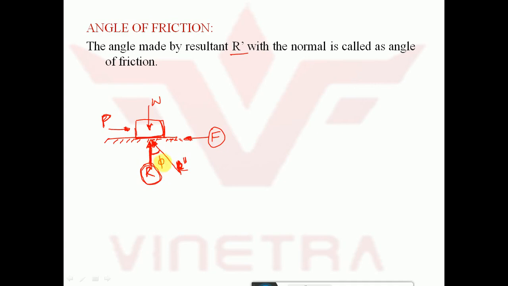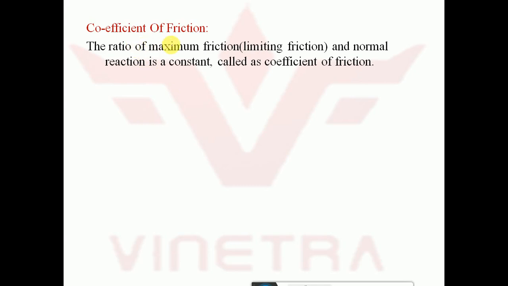This angle phi itself is called the angle of friction, and R dash is nothing but the resultant of the frictional force and the support reaction or normal reaction. The angle of friction is the angle made by the resultant R dash with the normal.